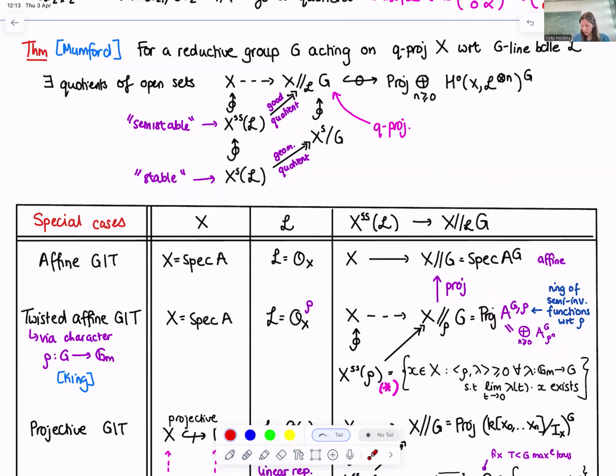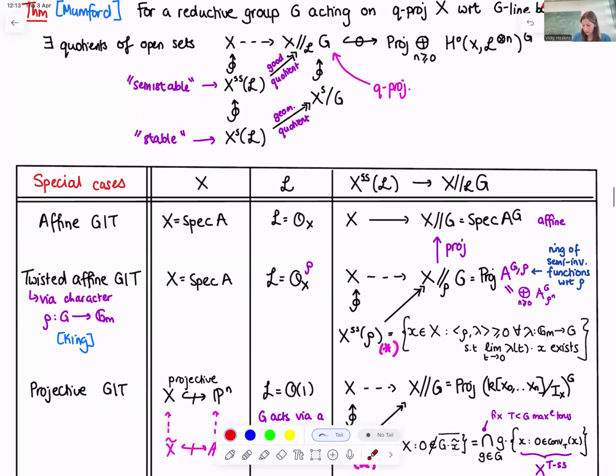And let me say that the nice thing about this situation is that, in general, this semi-stable locus is just defined as being the locus where there exists some semi-invariant with n strictly positive, which is non-vanishing at that point. So it's just the domain of this rational map. But Alistair King proved that you can actually combinatorially pin down what this is. So instead, you can define it as the points in X such that you have a certain inequality.